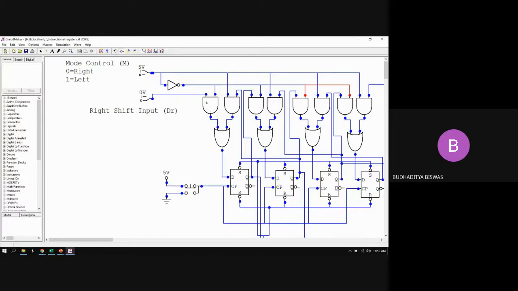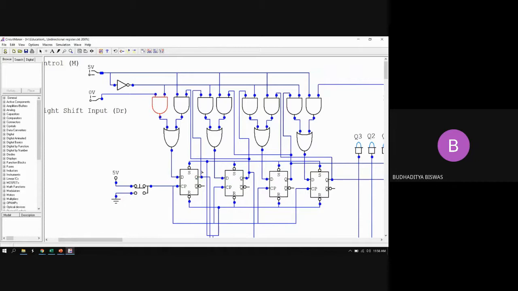Now let's see, for the first section, one of the AND gates is connected to the right shift input, which is called DR, that means direction right. And the output, here you see, is connected to one of the AND gates of the next section. Similarly, the output of the second flip-flop is connected to one of the inputs of the AND gate of the next section, and similarly the last one is also connected to this one.